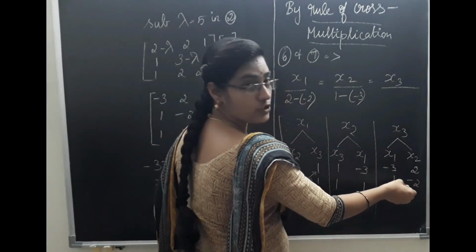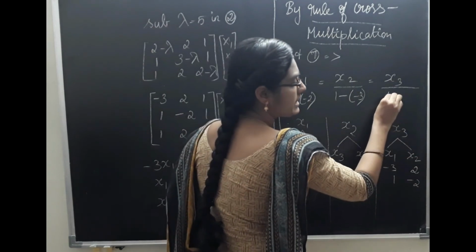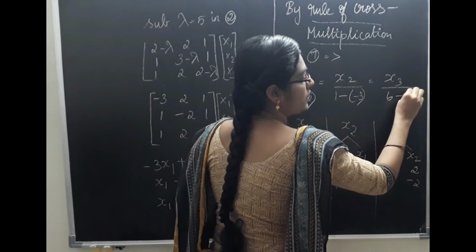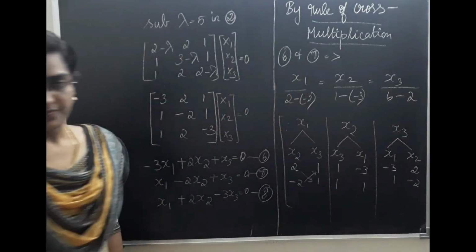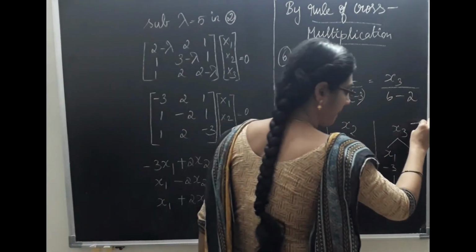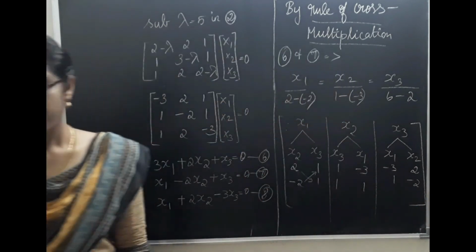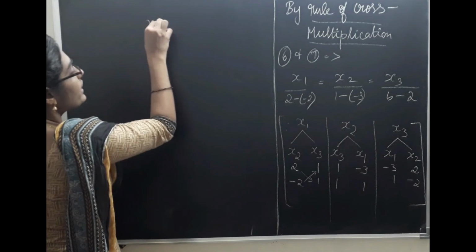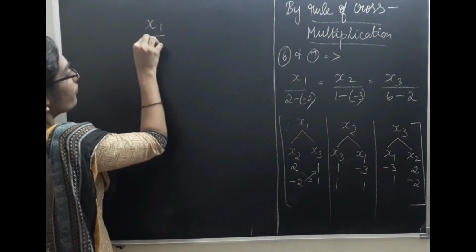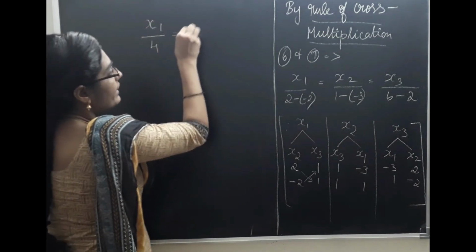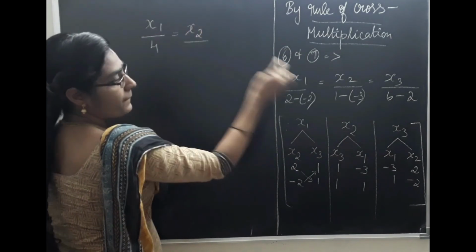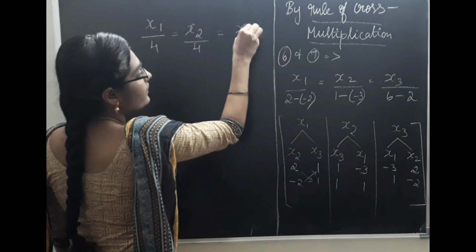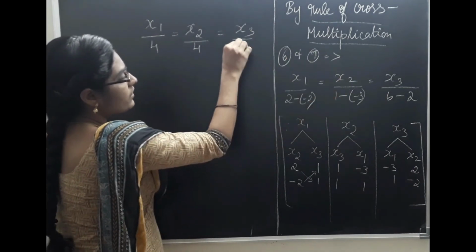We will get minus 3 into minus 2 is 6, minus of 2 into 1 is 2. So solve this. We will get x1 divided by 2 plus 2, 4, equal to x2 divided by 1 plus 3 is 4, equal to x3 divided by 6 minus 2 is 4.